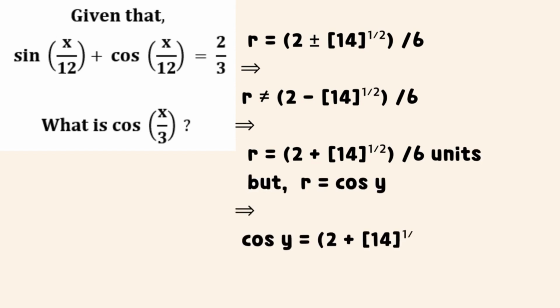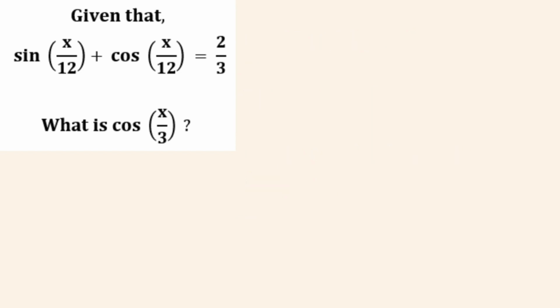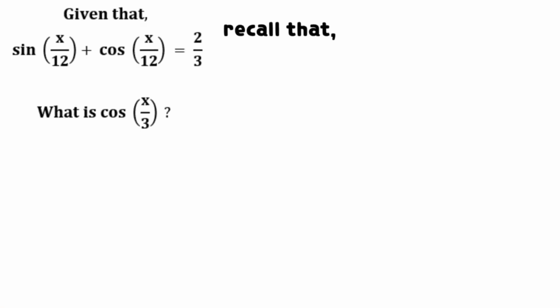Therefore, r equals the sum of 2 and the square root of 14 all divided by 6 in units. But r equals cosine y. It implies that cosine y equals the sum of 2 and the square root of 14 all divided by 6. We call this equation h.